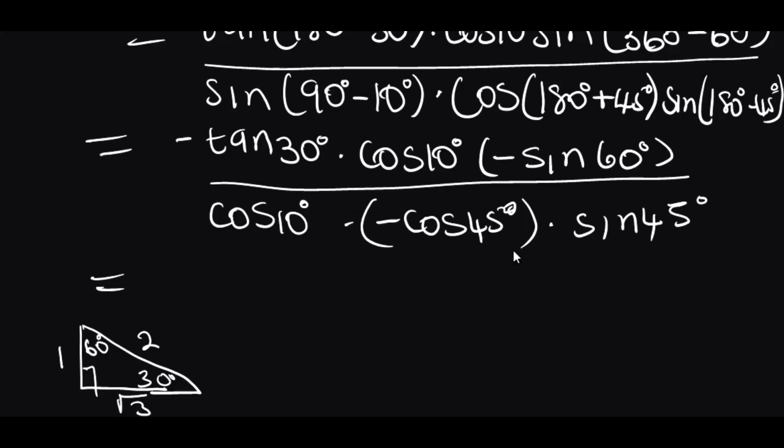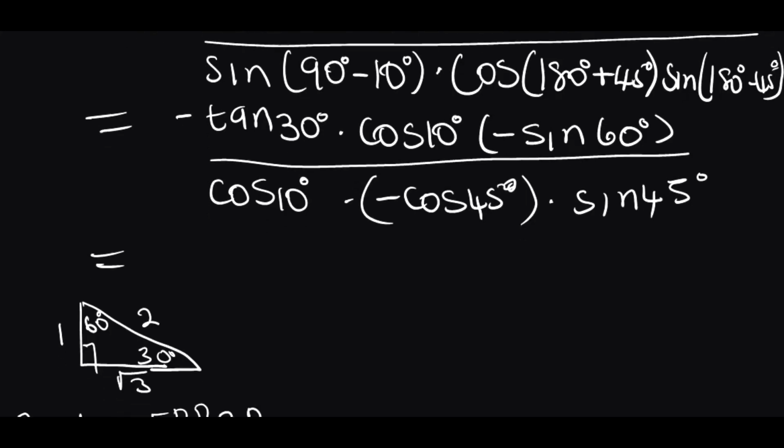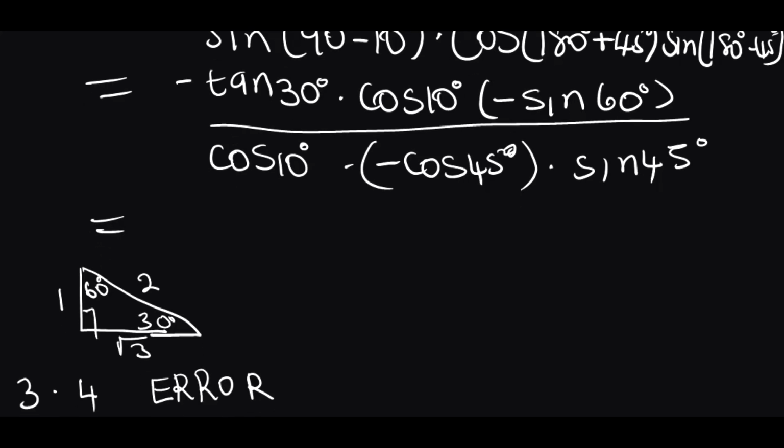Then another one is the one for 45 degrees, which is like this, 45 and 45 here, and we've got 1, 1, and square root of 2.